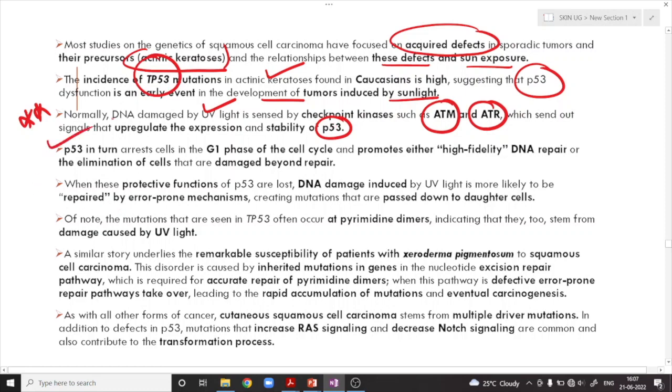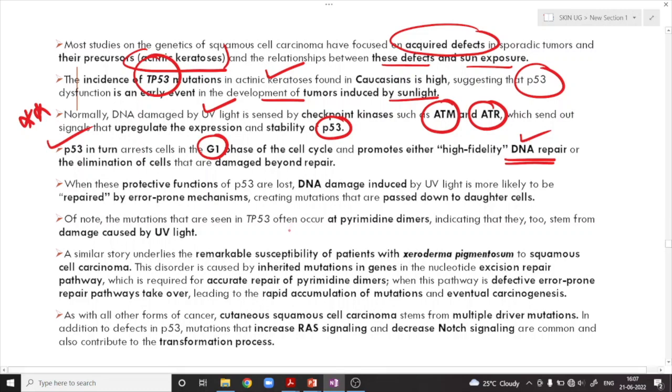What will this P53 do? It is going to arrest the cell in the G1 phase of the cell cycle, and it is going to check whether any kind of DNA repair can be carried out for the damaged DNA. If it is possible, then P53 will stop the cell cycle and induce the DNA repair. Once the DNA repair is successful, the cell will go back into the cell cycle and continue cell division.